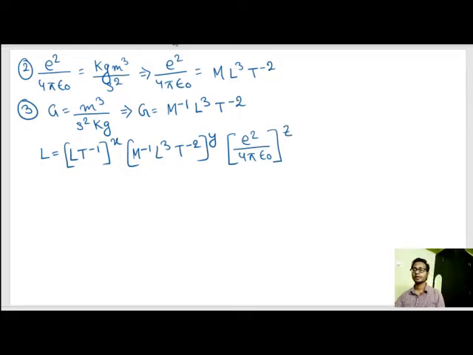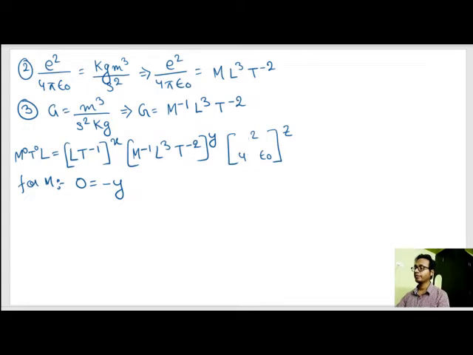Now this L can also be written as M to the power 0, T to the power 0. So solving for M, on the left hand side 0 is equal to, on the right hand side minus y. I should have substituted the dimension of e square by 4 pi epsilon naught by this unit, M L cube T to the power minus 2.